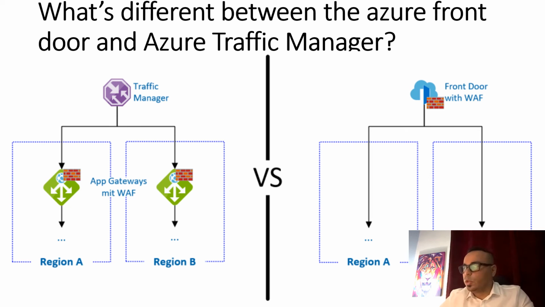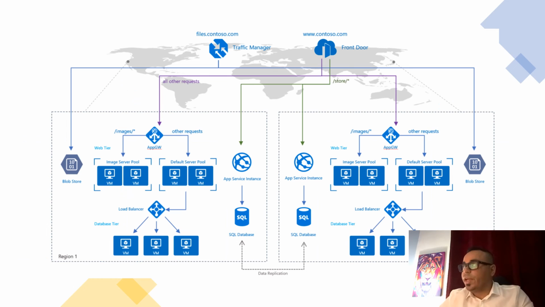So let's recap between Traffic Manager and Azure Front Door. Both handle cross-region redirection and availability. First, SSL offloading is available in Azure Front Door and not available in Traffic Manager. Azure Front Door uses a reverse proxy; in Traffic Manager we use DNS lookup.